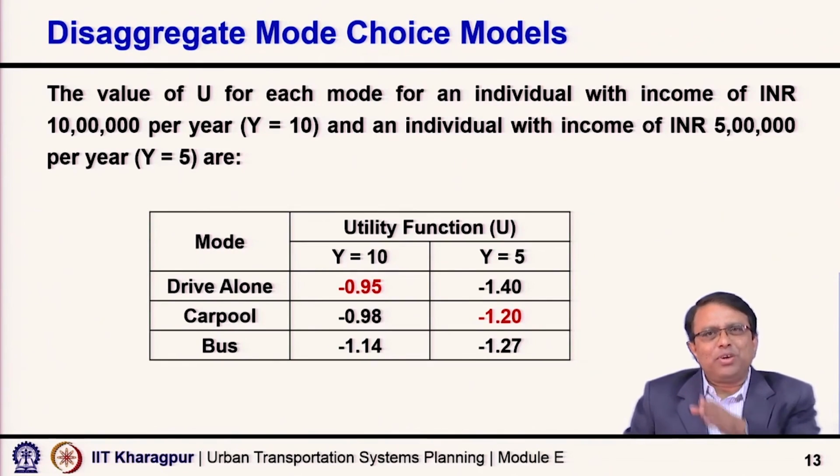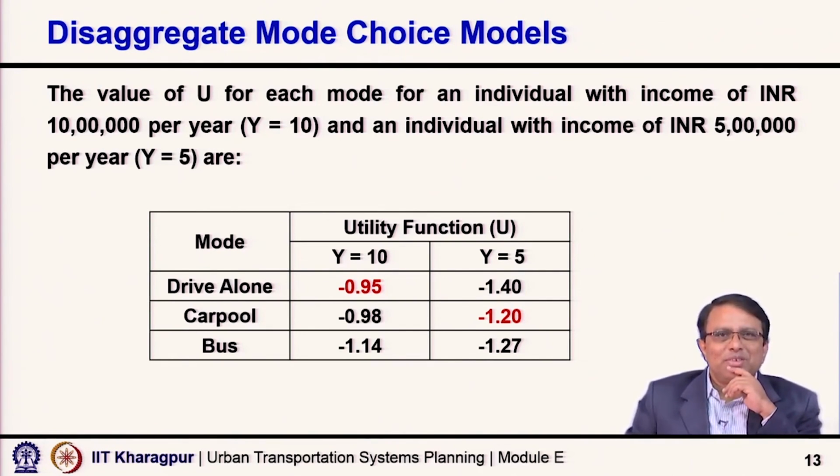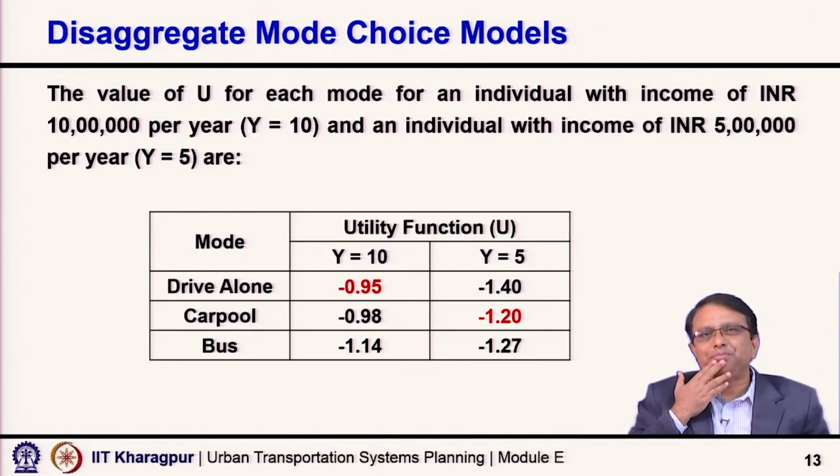Whereas, for income 5 lakhs, in the same way you can calculate the utility values and you can see now carpool becomes the utility maximizing choice. As per the utility maximization principle, the carpool becomes the choice, right. So, another person whose income is less is likely to take the carpool as the option.